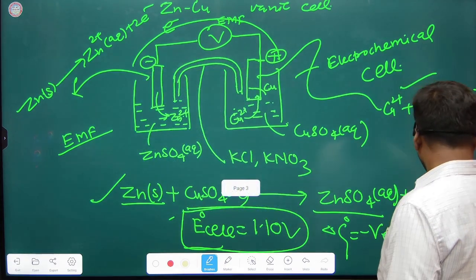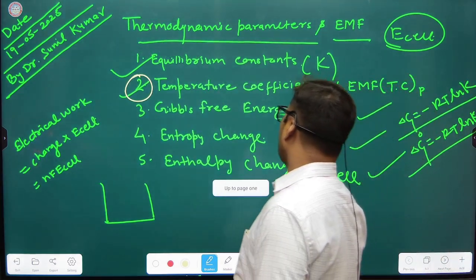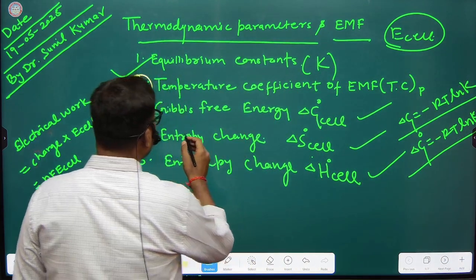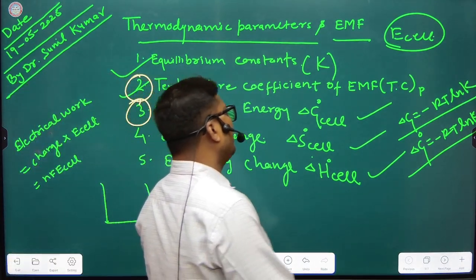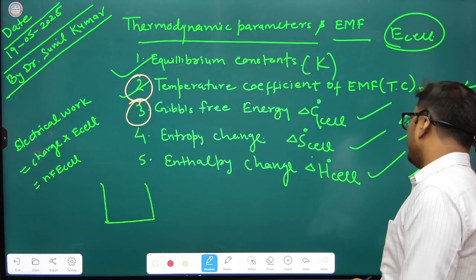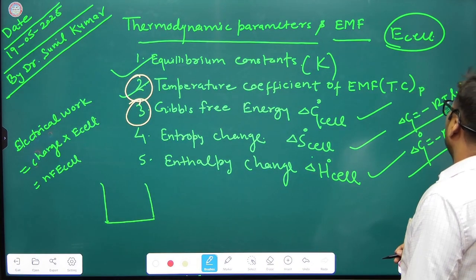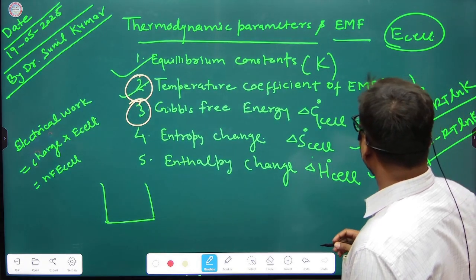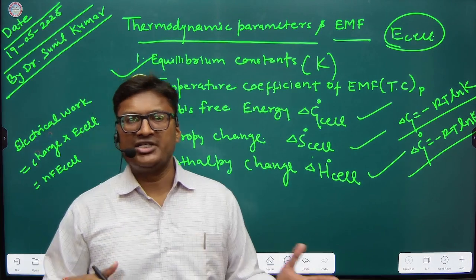Now coming to the third point: the temperature coefficient gives the free energy, delta G naught of the cell at standard state. So delta G naught is the change in Gibbs free energy at 25 degrees centigrade.